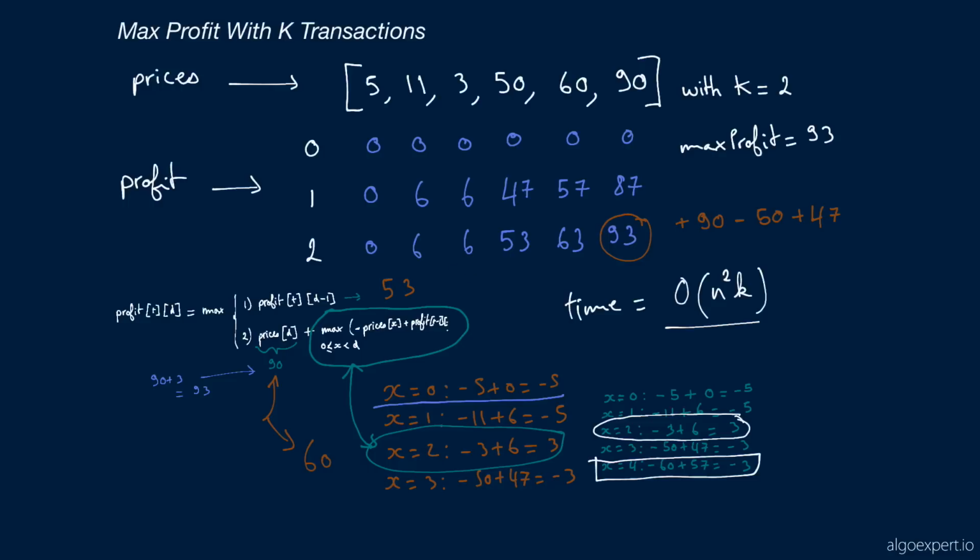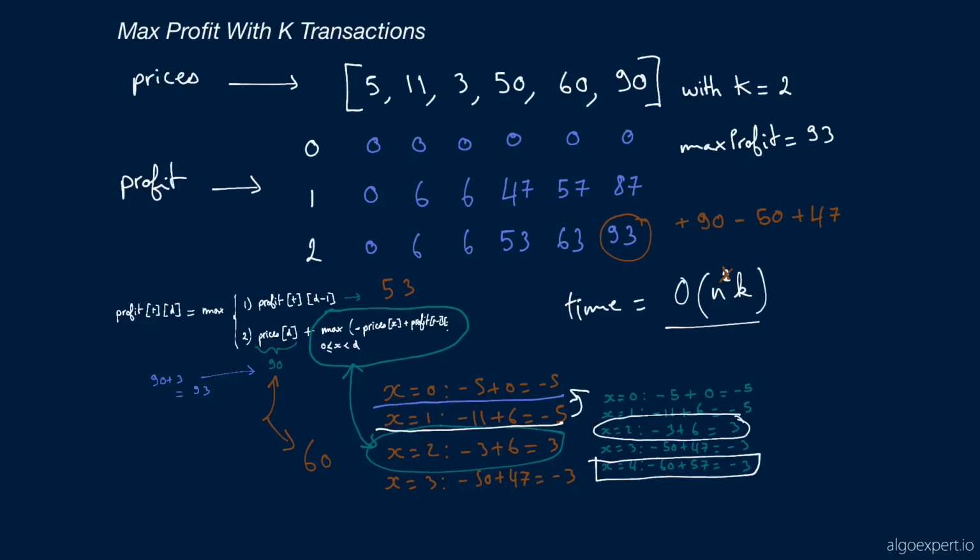And now we do x equals 1, and we compare it to this previous one. And so at every point in time, we've already stored the previous max. And so this becomes an O of 1 operation. And our time complexity here, we can erase the n squared, and it just becomes O of nk. And there you have it.